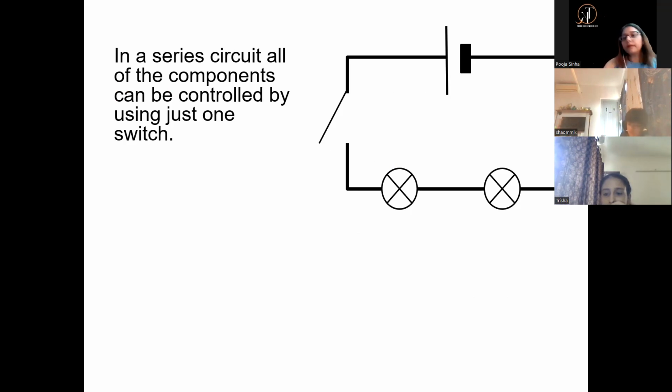I guess there'll be a little bit of a delay between the two bulbs. No, my question is, will they glow or not if I switch it on? Both. And if I switch it off, what will happen? Both of them will switch off.